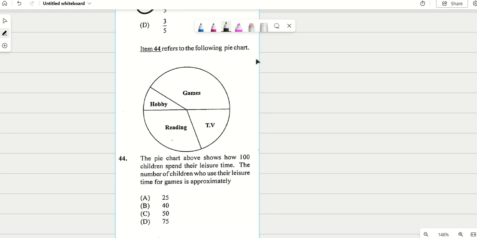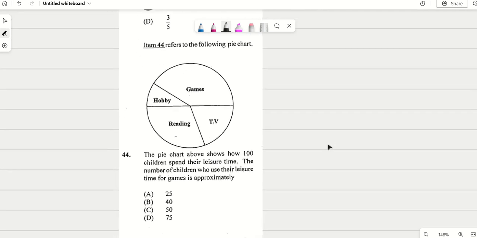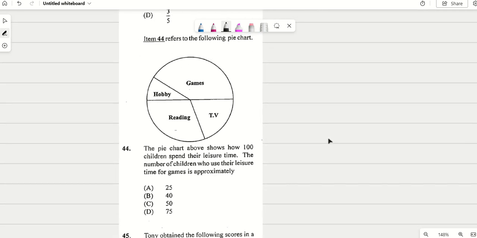Item 44 refers to the following pie chart. The pie chart above shows how 100 children spend their leisure time. The number of children who use their leisure time for games is approximately, right? First off, if we look at this line here, it is splitting it in half, right?